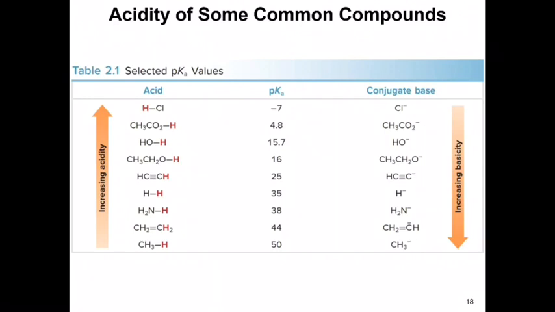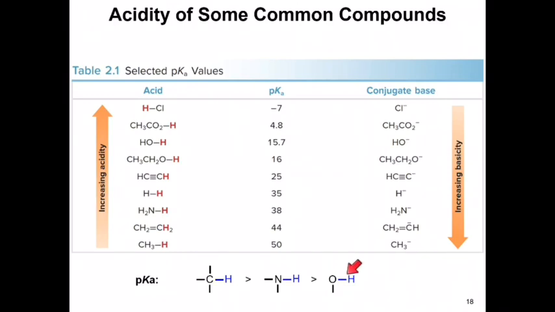And this table also shows you the relationship between the strength of the acid and its conjugate base. So when the acid is a strong acid, then its conjugate base is extremely weak. And if the acid is weak, then its conjugate base is strong.